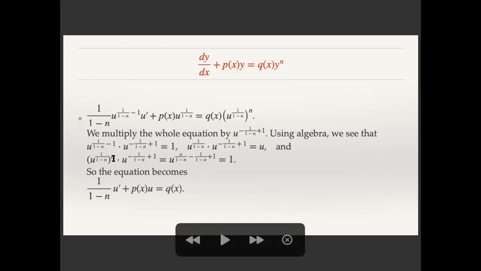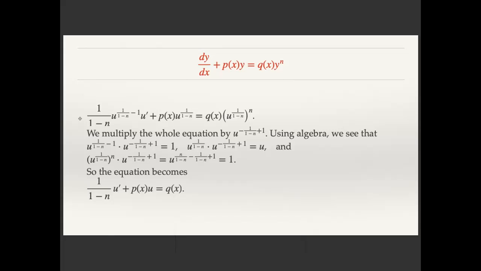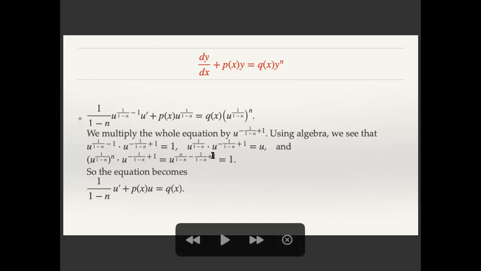So this first factor here on the left-hand side is just u to the power n over 1 minus n. So it cancels the other one. Why does it cancel? Again, here's the explicit computation. n over 1 minus n minus 1 over 1 minus n equals n minus 1 over 1 minus n, which is minus 1. Minus 1 plus 1 is 0, and u to the 0 is 1.